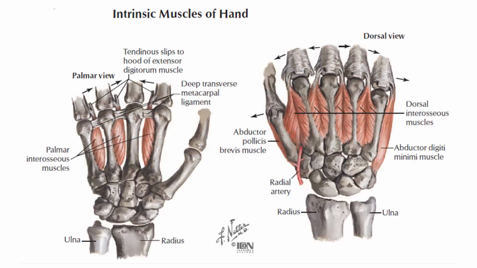You have the interossei muscles, and you have the lumbrical muscles which arise from the profundus tendons and insert into the expansion at the proximal interphalangeal joints.